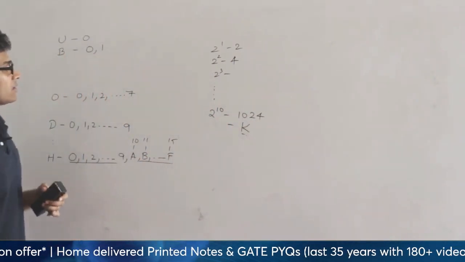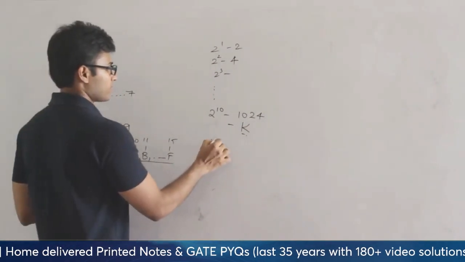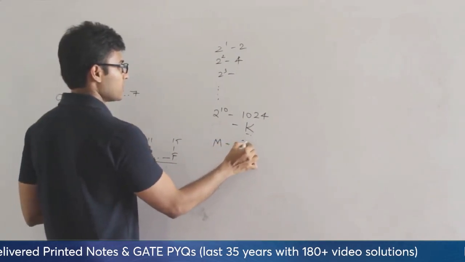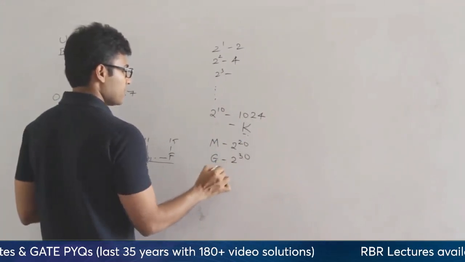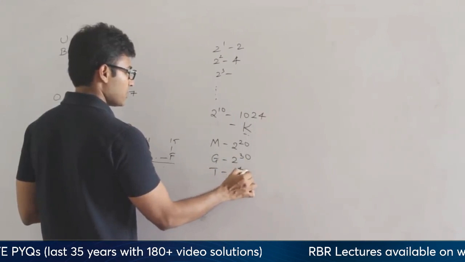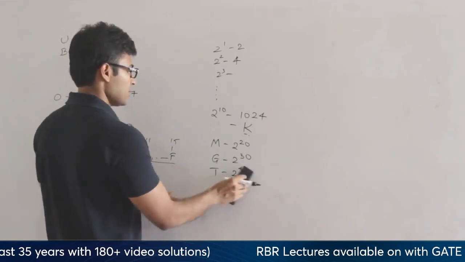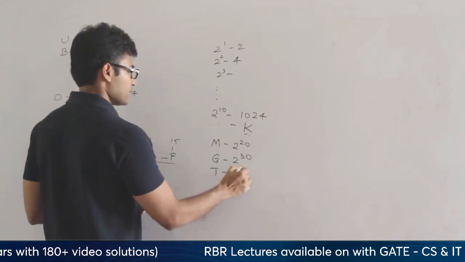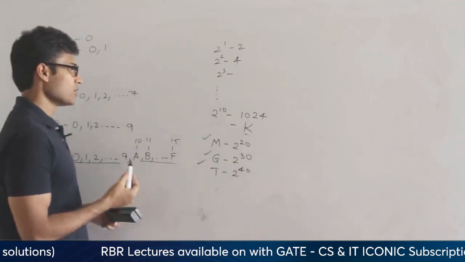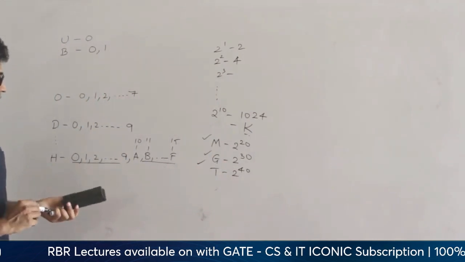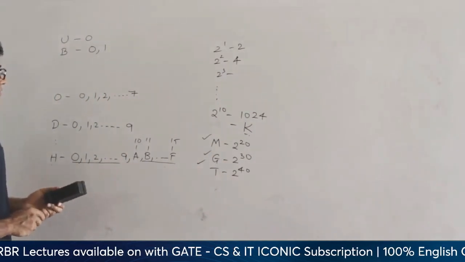Okay, and then M represents 2 power 20, G, giga, 2 power 30, T, tera, 2 power 40. So you should be very good with all these conventions and notations. What is M and what is G, what is T, especially in computer science it is going to be very important. And we shall talk more about binary numbers once.